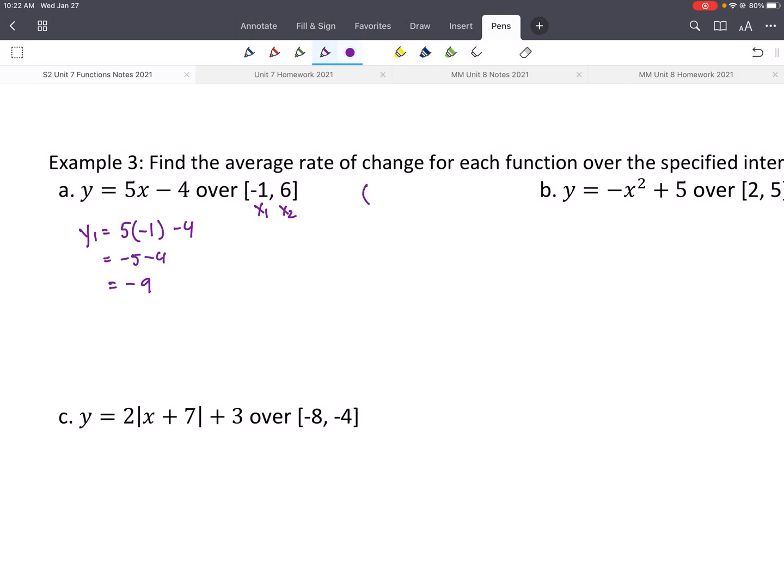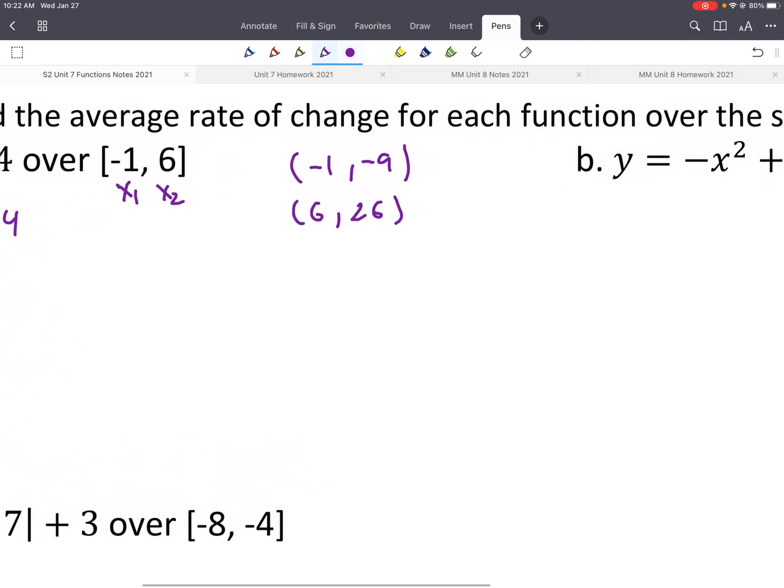So our first point here would be negative 1 comma negative 9. And then for y2, we need to do x2, which is 6. And that gives us 30 minus 4, or 26. So our other point would be 6 comma 26.